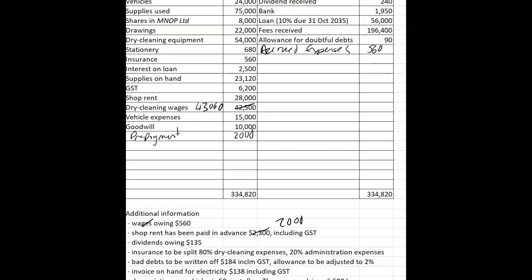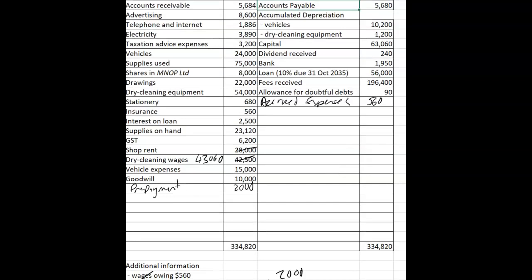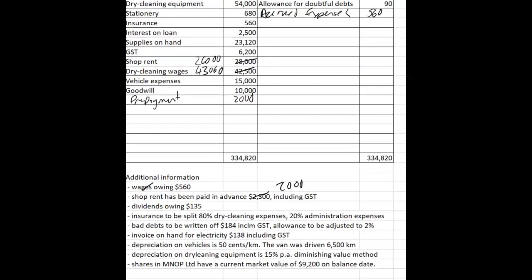Because it's an advance, that means take it off. Things happen on the same side. So find your shop rent, and we're going to take 2,000 off. Also plus 2,000 and minus 2,000 here. So that'll balance.